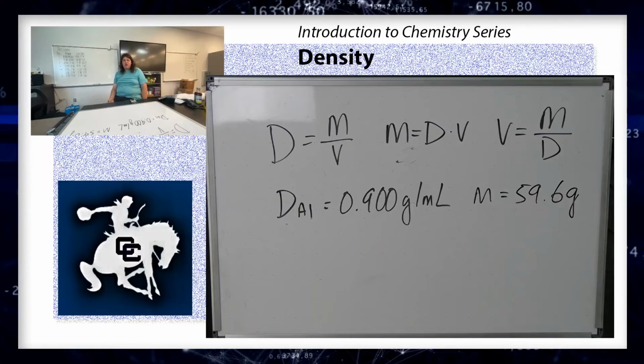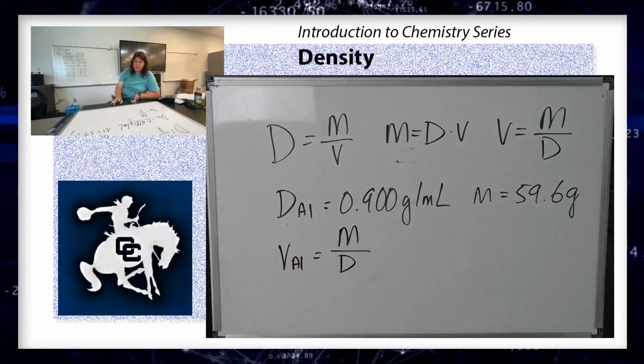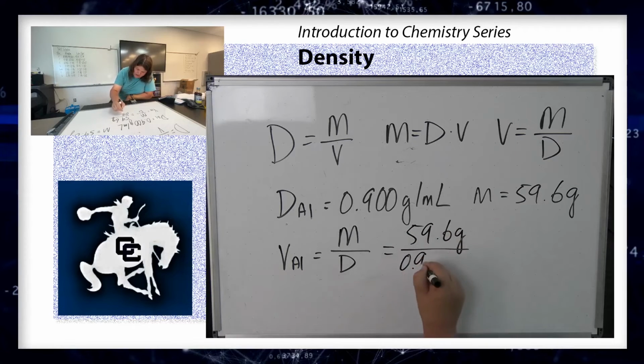Likewise, I can also solve for the volume given the mass. Here, the volume of aluminum is going to be mass over density. Now, this leads us to an interesting situation with the units, which we'll get to in a moment. Plugging in our values, we have 59.6 grams, and we have 0.900 grams per milliliter. You'll notice this gives us a compound fraction.